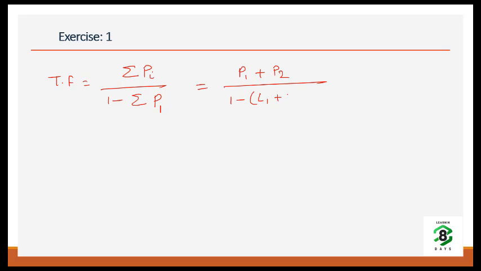In this case, the transfer function is simply given by summation of Pi divided by 1 minus summation of loop gains, because I do not have P2, P3 terms. So this is nothing but P1 plus P2 divided by 1 minus (L1 plus L2 plus L3).